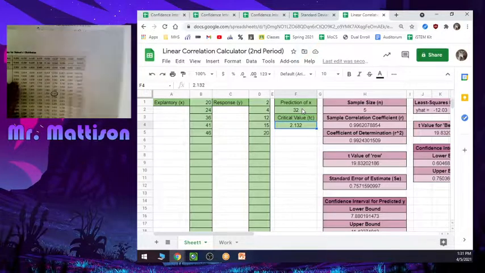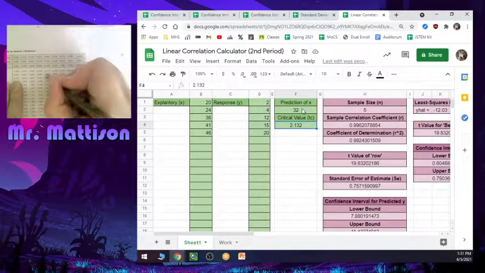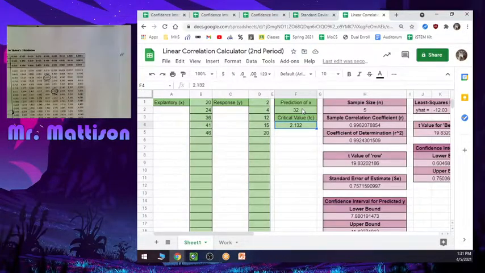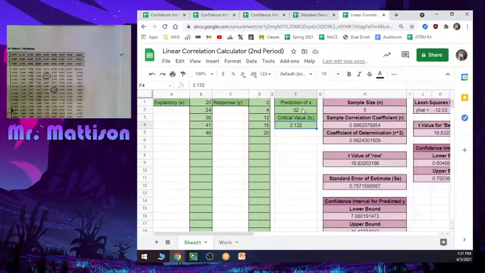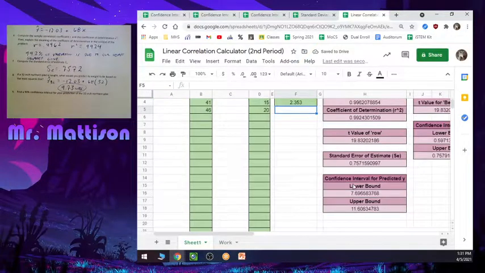So degrees of freedom of 3. And I want a 90% confidence level. So that's going to be right here. 2.353 is what my T sub C is going to be. All right, so then here is my confidence interval for my predicted value there.